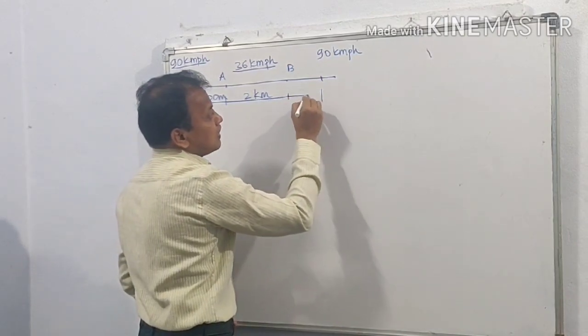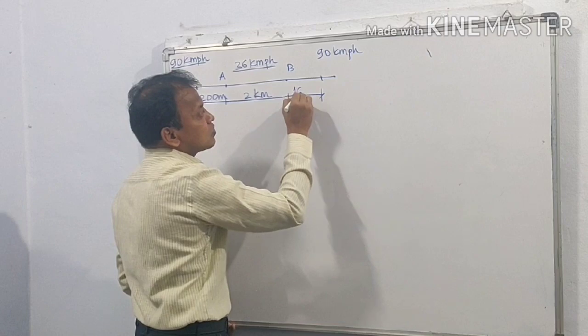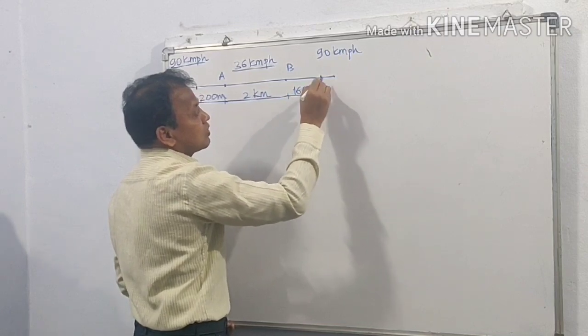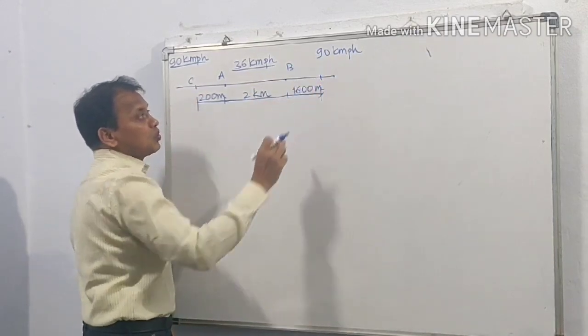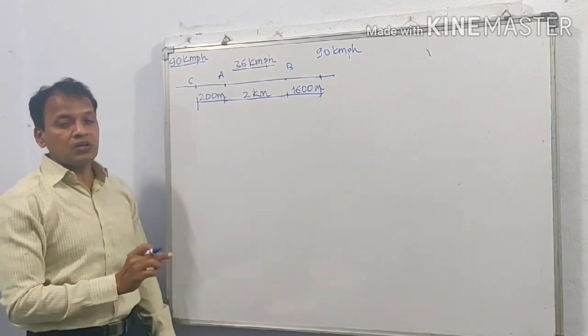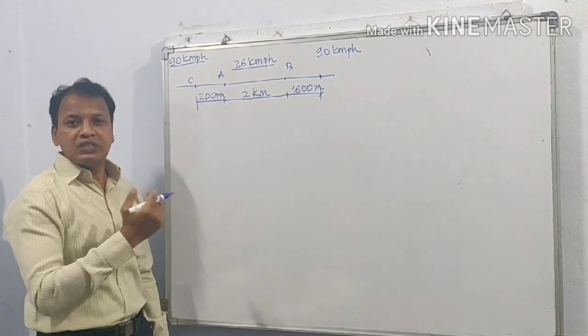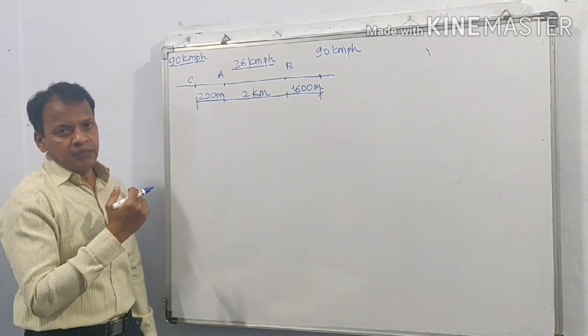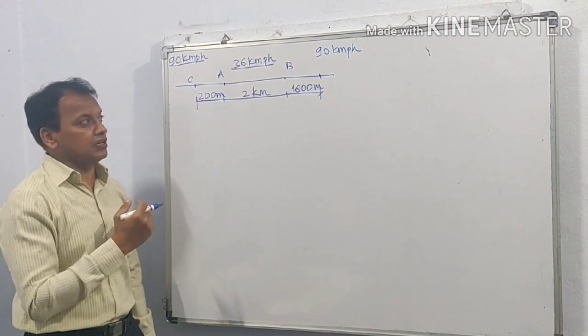So the train requires a distance of 1600 meter to increase velocity from 36 km per hour to 90 km per hour with certain acceleration, because this increase in velocity will not be sudden.